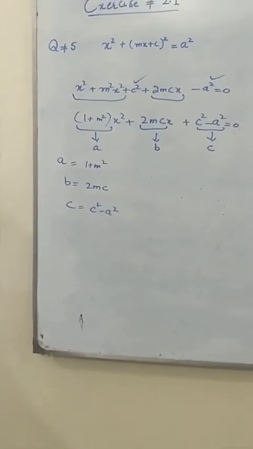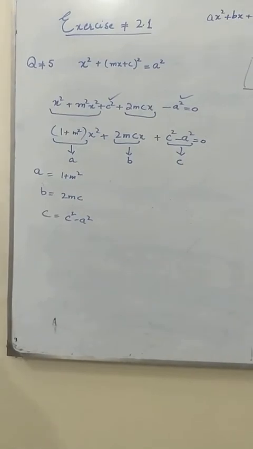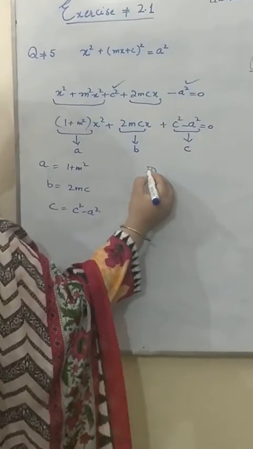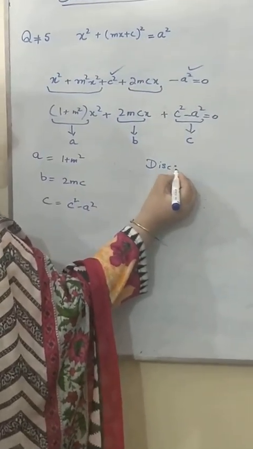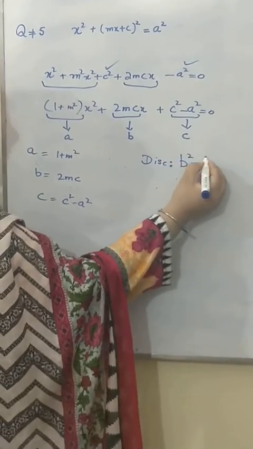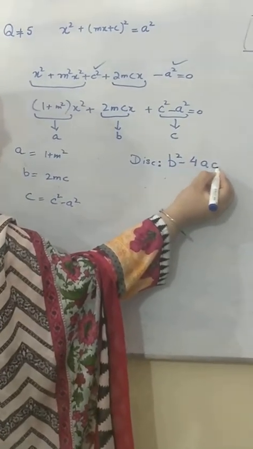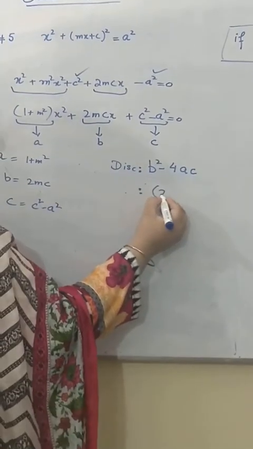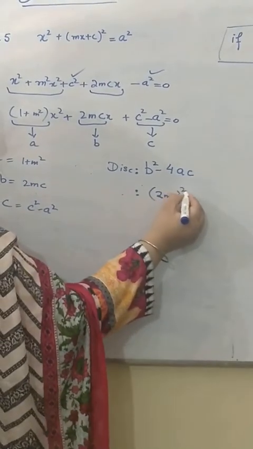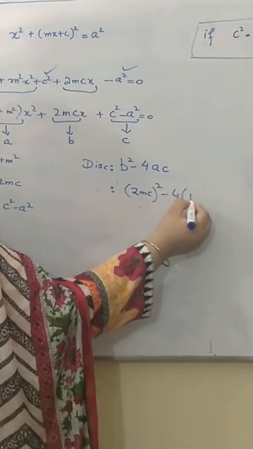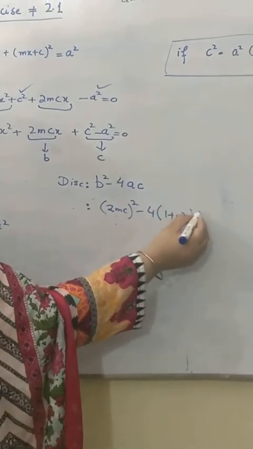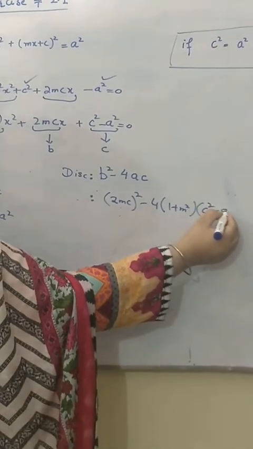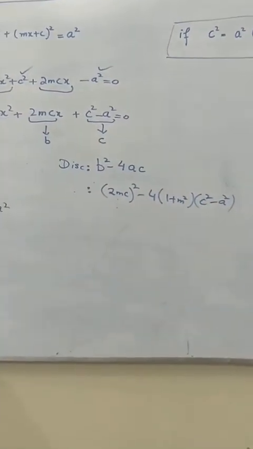Now we have to find the discriminant. We know that discriminant is equal to b square minus 4ac. By putting these values, (2mc) whole square minus 4 into 1 plus m square into c square minus a square.